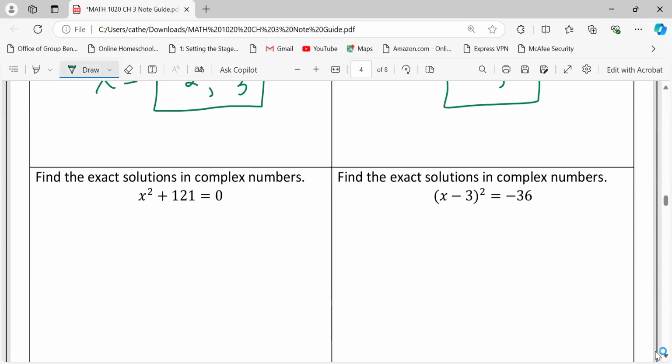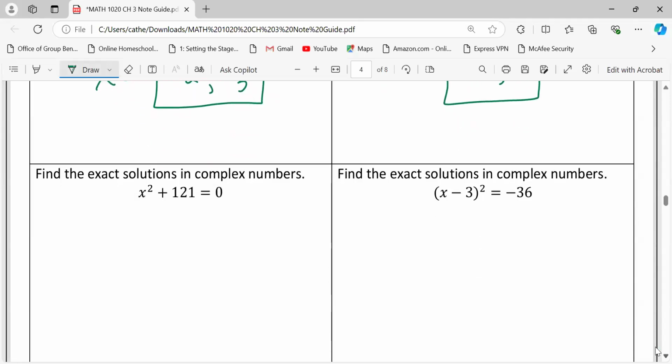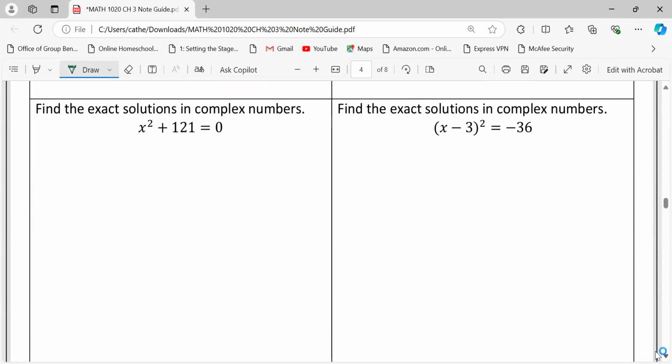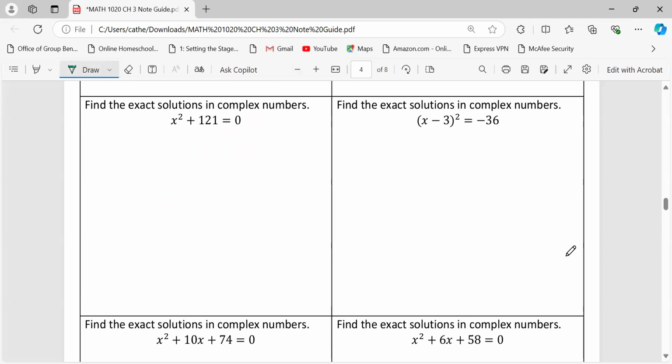All right, so these last four ask you to find the exact solutions in complex numbers. So we need to find a complex solution is what we're looking at. If you don't have the note guide, you can write these down.